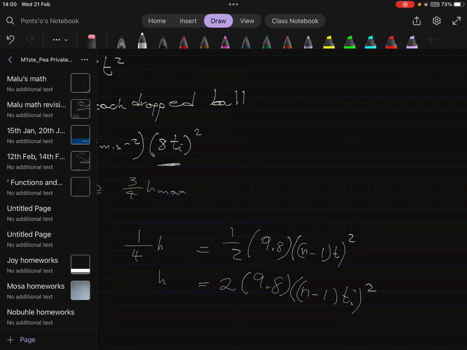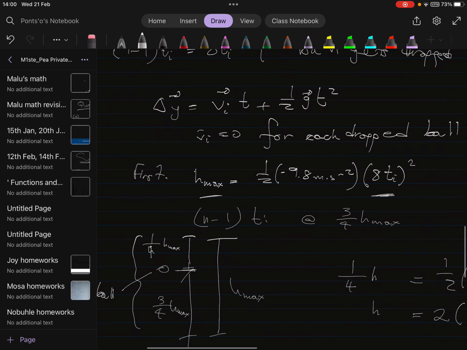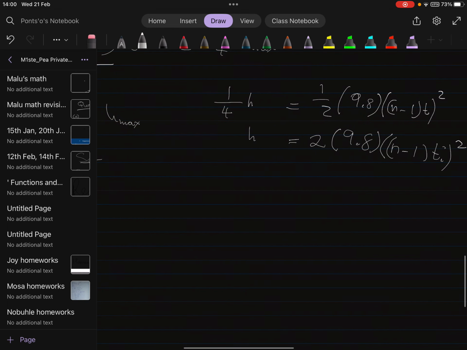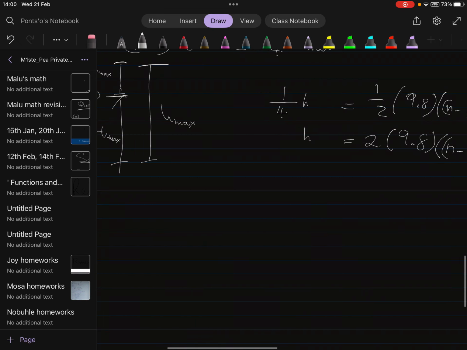At this point we can't solve for n because it'll contain both h and t, which we don't know. But we can use the two equations we have to eliminate h. So we have h in the first instance and we have h again in the second instance, so we just equate the two.